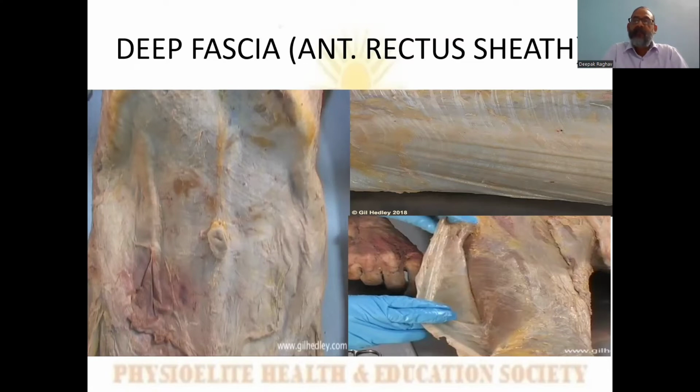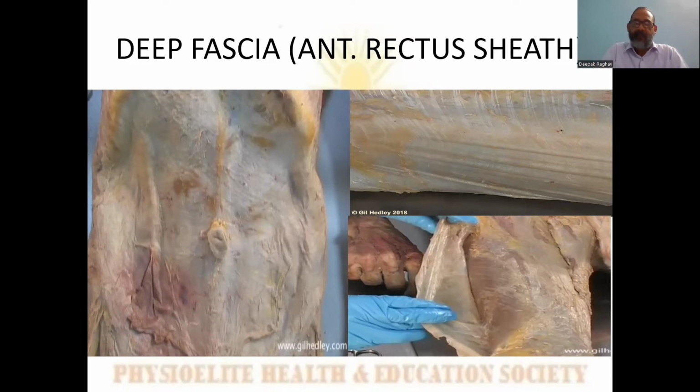The compartments of the muscles are also made by this deep fascia. The interesting thing is that this fascia is a contractile structure. Previously, people did not know about this contractile property of the fascia. Now, everybody knows deep fascia is a contractile structure.